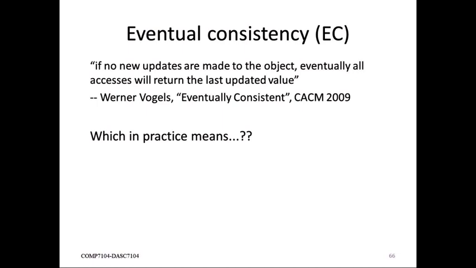Eventual consistency indicates that replicas, basically copies of the same piece of information, the same record, tend to converge to the same data state. So basically, if no new updates are made to that object, eventually all accesses will return the last updated value.